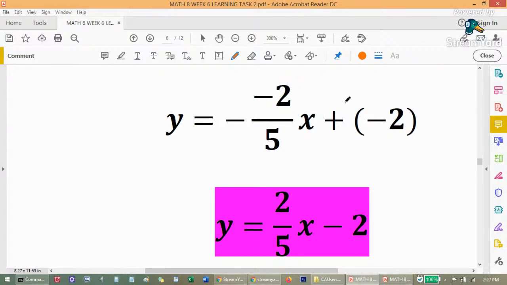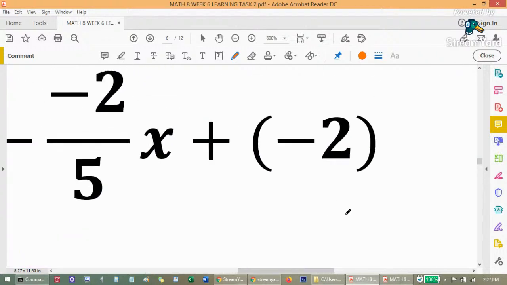Okay? And then, plus. So, yung plus, walang gagawin ng plus. Kung ano yung sign sa loob, yun din ang magiging sign niya sa labas. No? So, pwedeng tanggalin mo lang tong parenthesis at saka tong plus.